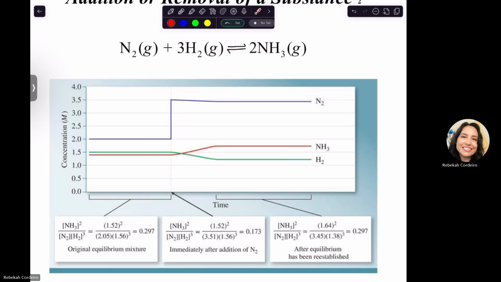And then you notice that the amount of N2 goes down a little bit, again, because I'm shifting to the right to reestablish equilibrium. But if you look at the numbers when it levels out again, it's going to be the same K value as before. It might not be the same exact amounts as before, but it'll be the same ratio as before.